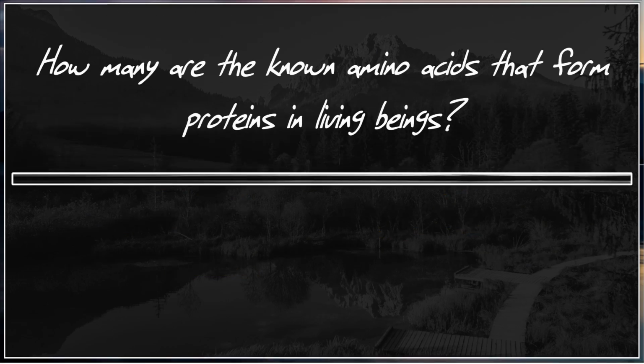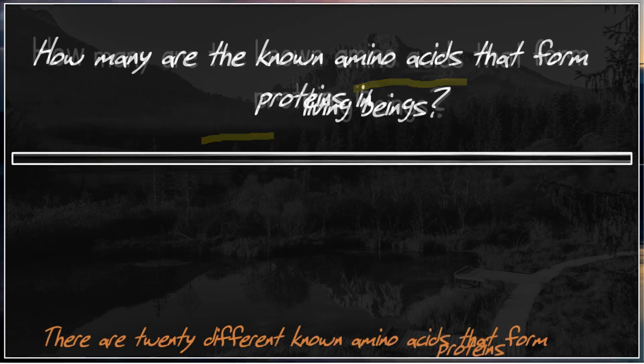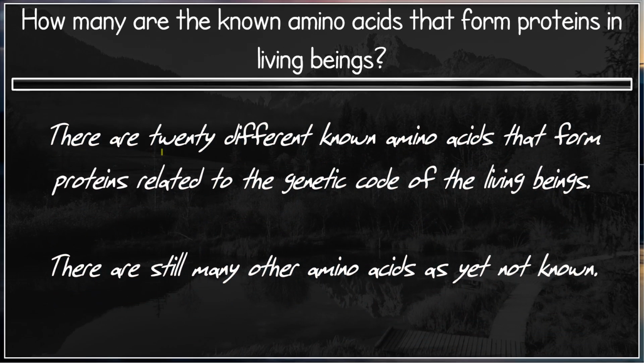How many amino acids form proteins in living beings? There are 20 different amino acids that form proteins related to the genetic code of living beings. There are still many other amino acids as yet not known.